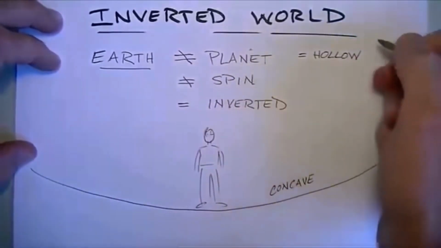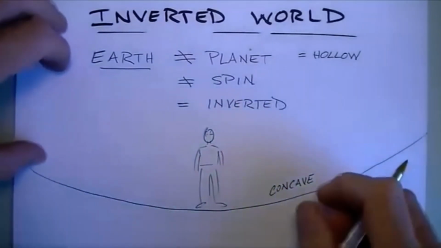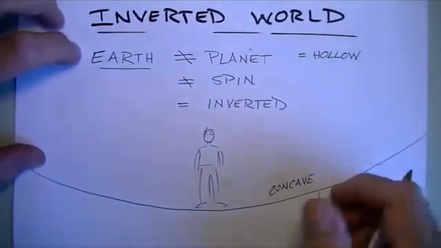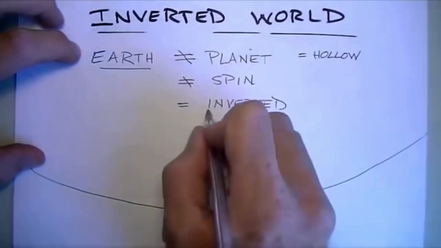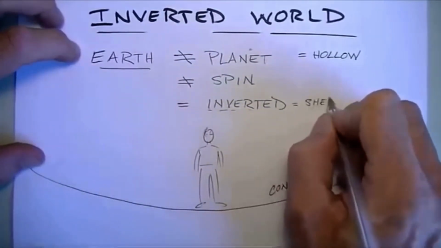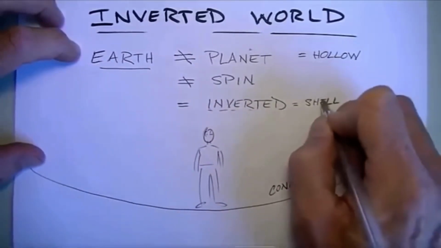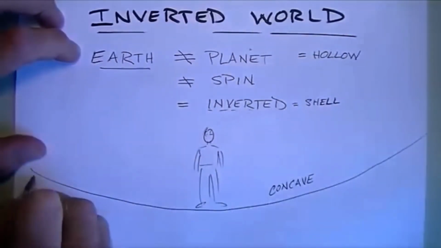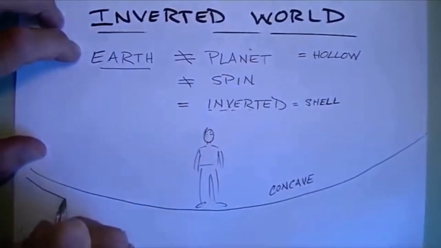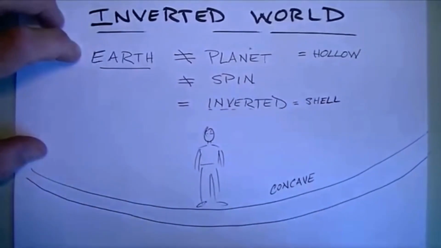However, it's not hollow in the way in which the more popular version of the hollow Earth theory is. Earth is a shell. It's just a shell. Okay? It's not solid, and it's just a shell. The shell, I'm not sure the thickness, but it's not very thick, I would imagine.